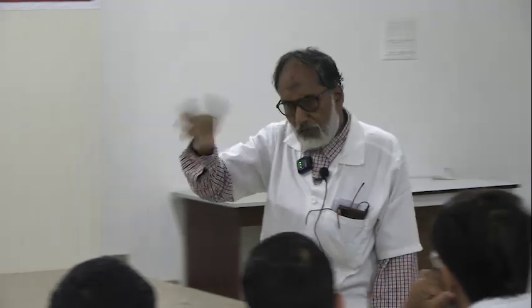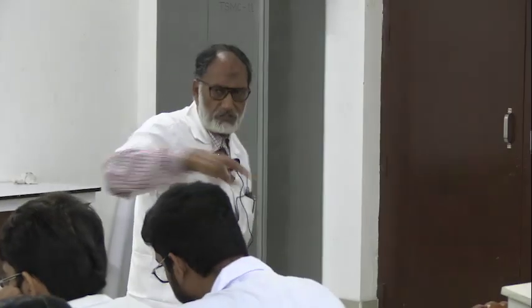Muscle has been divided into three groups: striped or voluntary muscle, unstriped or smooth muscles, and cardiac muscles. Voluntary muscle, striped muscle: when you see under the microscope, you will see cross striations.